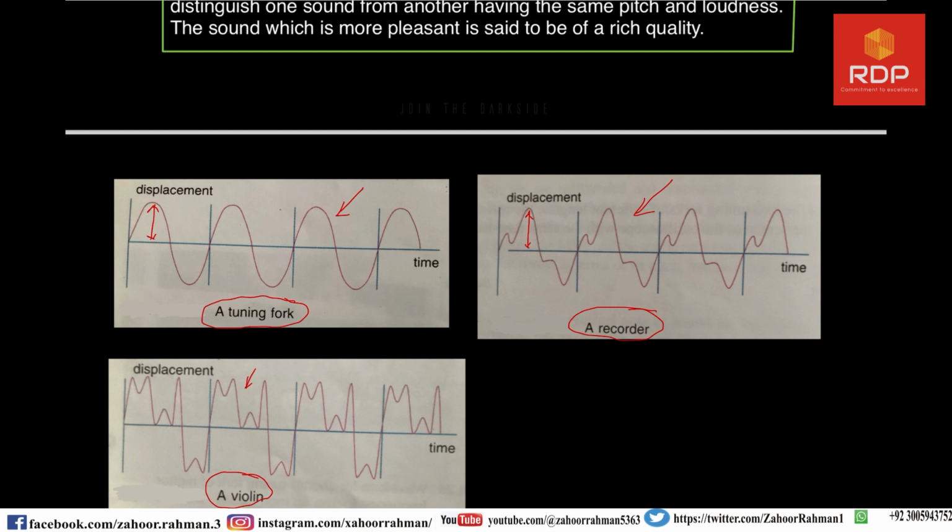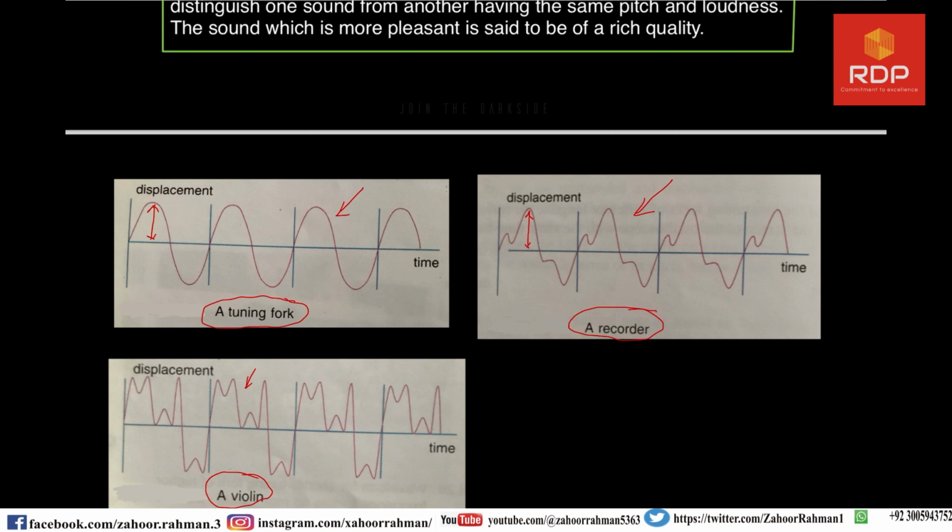If the same frequency and same amplitude sound is produced by a violin or produced by a trumpet, then both the sounds will be differentiated by their quality.